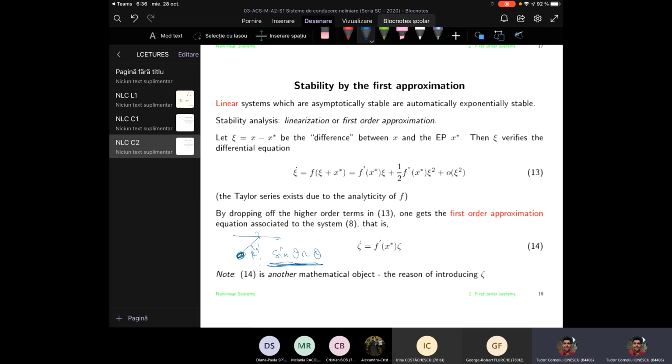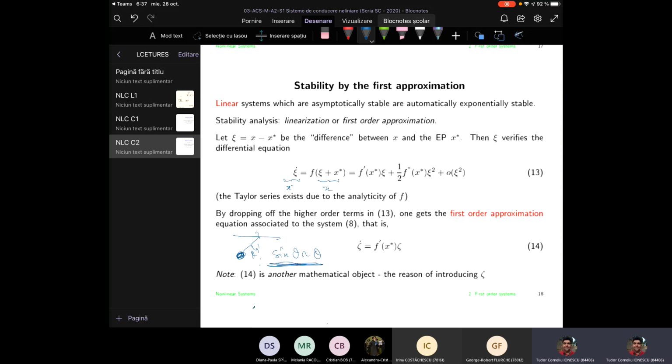You take psi to be the difference, the error between your current trajectory and your equilibrium point. Okay. Then psi verifies the differential equation psi dot is f of psi plus x star, because this is x and this is x dot. True, right?